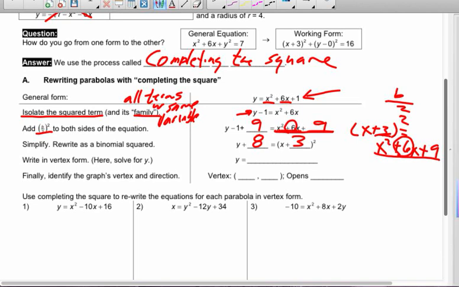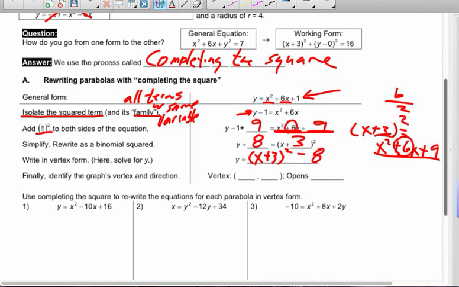And basically what we've done at this point now is we have now completed the square. So now we want this in the form of y equals. So I'm going to subtract my 8. So y is going to equal x plus 3 squared minus 8.